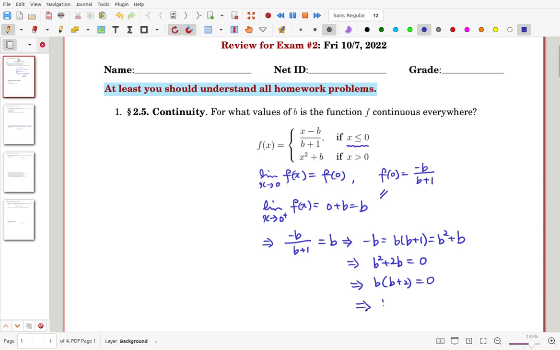So here we have b equals 0 and minus 2. For these values, both sides will have the same limit and value, so it will be continuous. So there are two values for b, 0 and minus 2. Of course, the denominator is not 0 there, so that's okay.